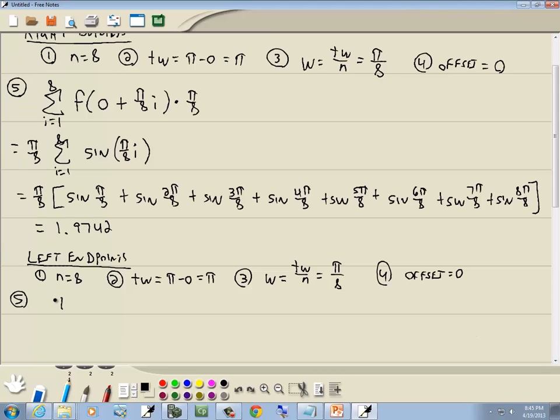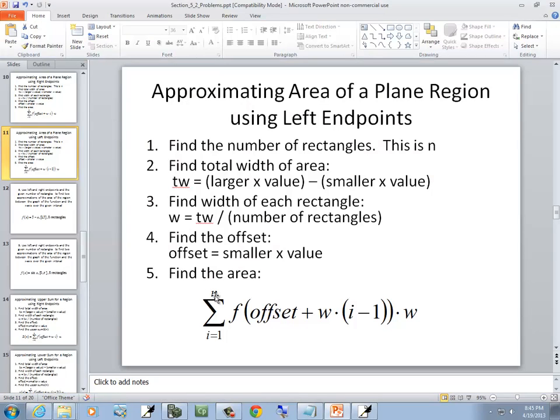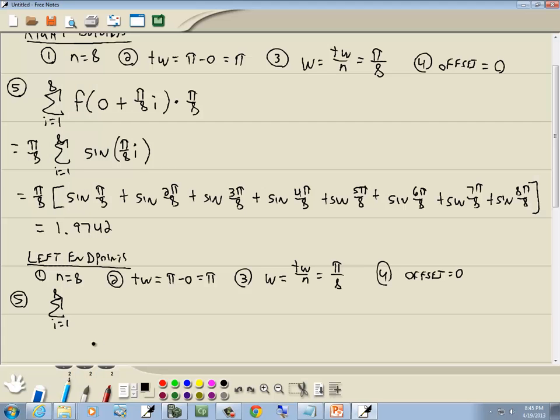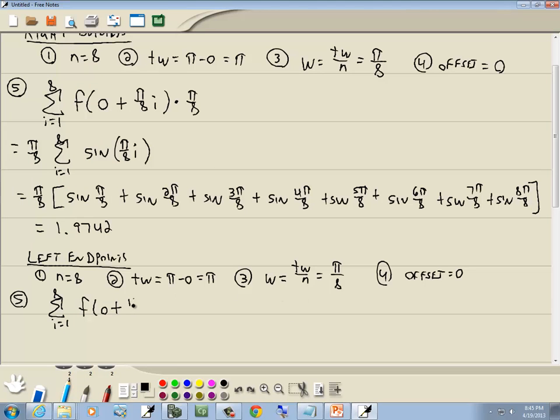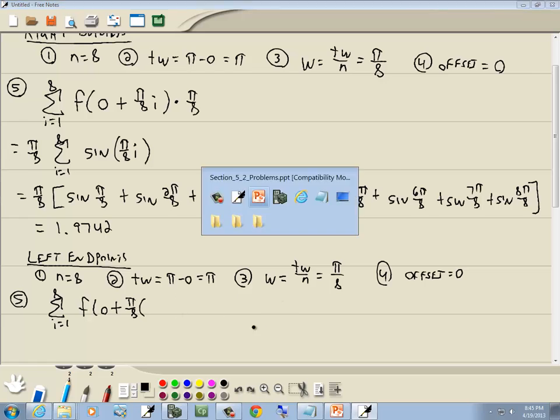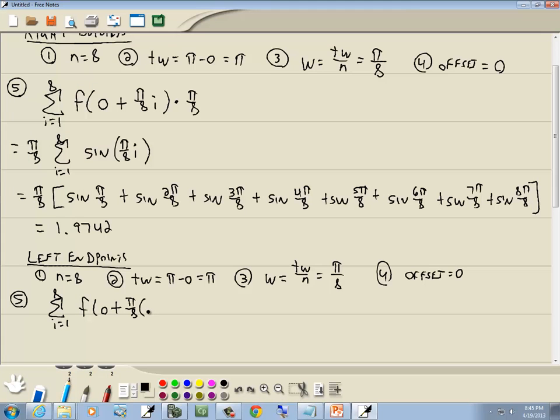Step 5. Our area is going to be the sum from I equals 1 to 8 of F of our offset, so 0 plus W, where W is pi over 8, times I minus 1, times W, which was pi over 8.